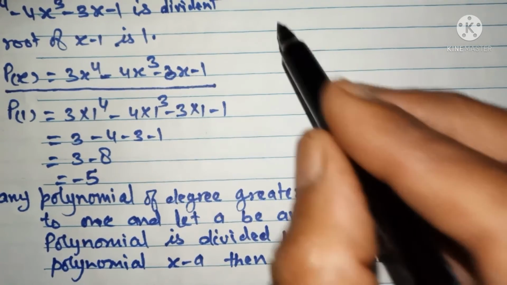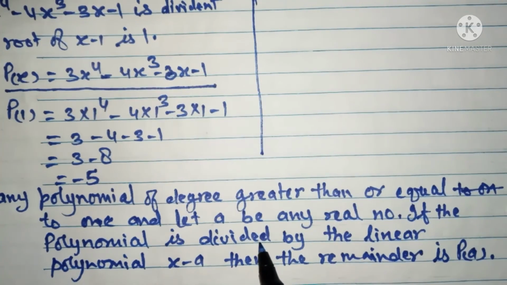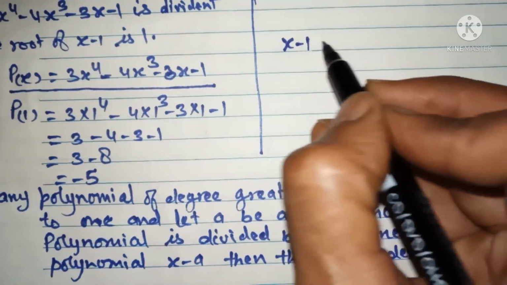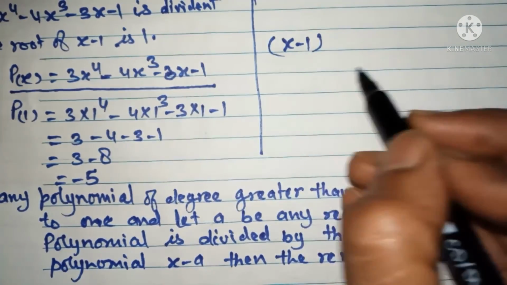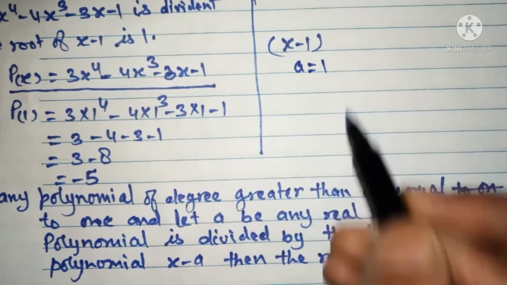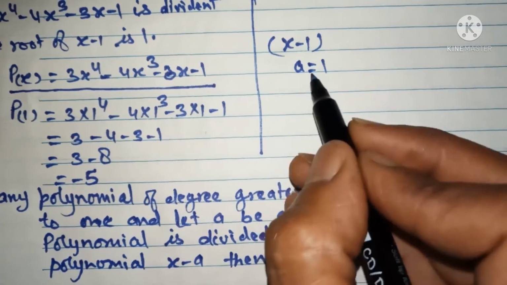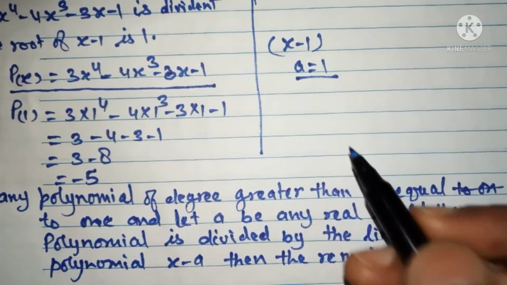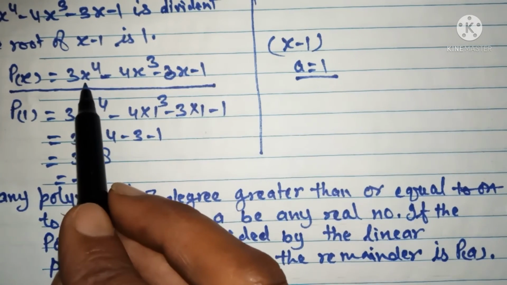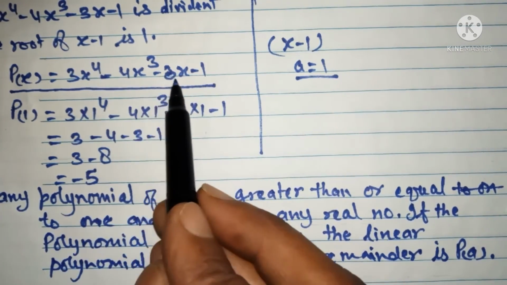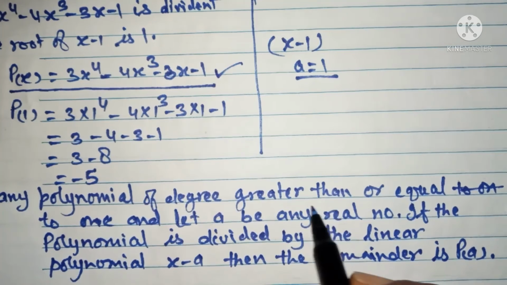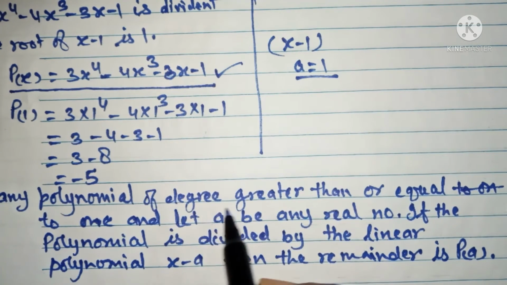As we have seen in the earlier example, x minus 1 was a monomial which has a is equal to 1 as its root, and 3x to the power 4 minus 4x to the power 3 minus 3x minus 1 as a polynomial of degree greater than or equal to 1.